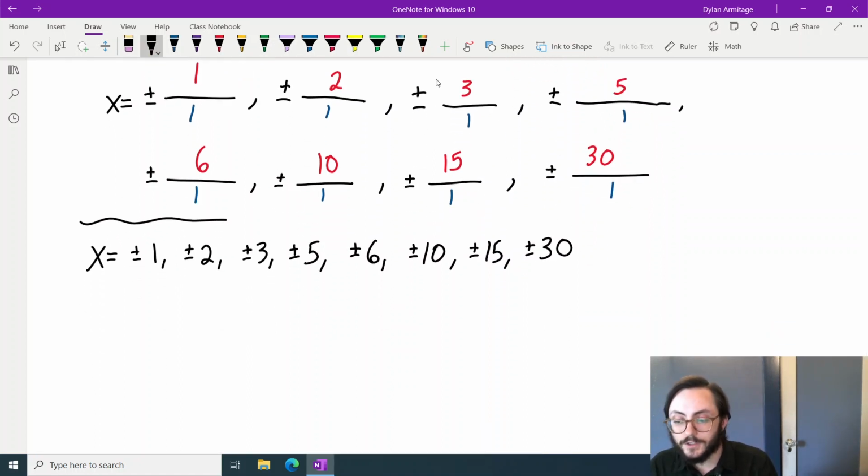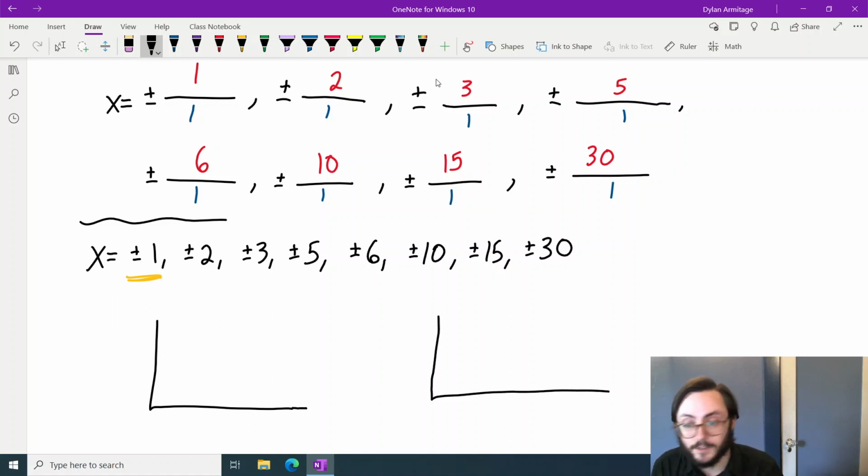Let's start with the first one. I'm going to set up my little synthetic division setups side by side so I can do them one right after another. Here on the outside we have x equals positive 1, and here we have x equals negative 1. Technically, that's the value of k, so I'm going to write k, because this is how we end up factoring it later.